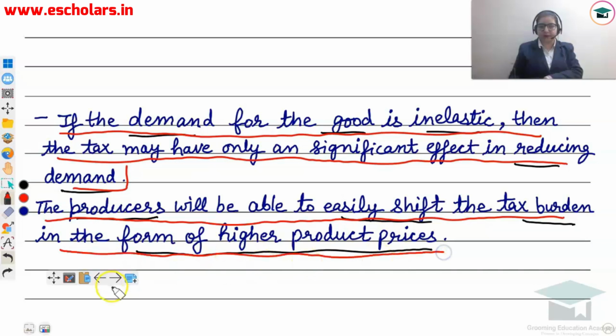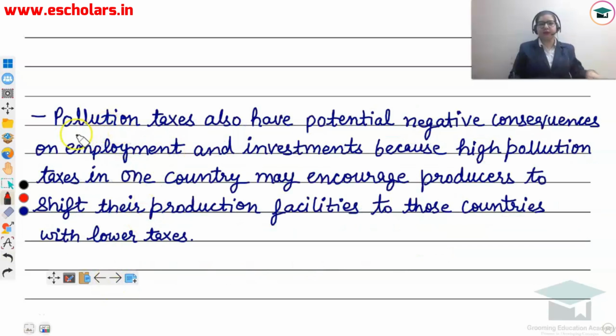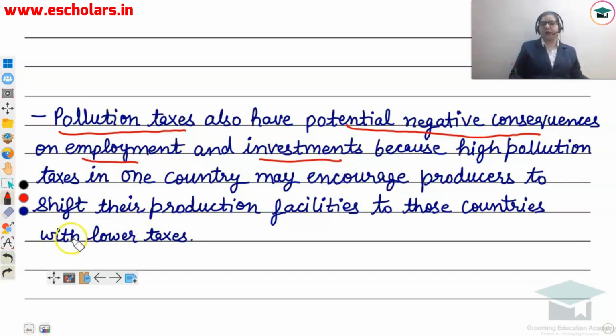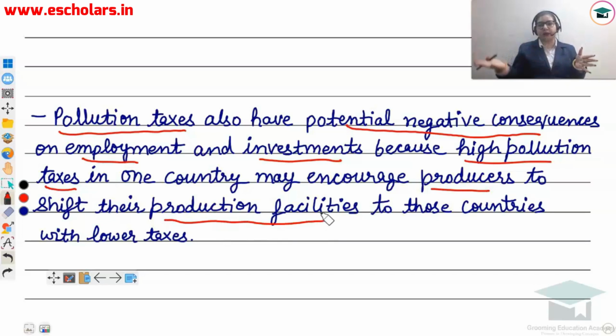Also students, pollution taxes have potential negative consequences on employment and investment. Let's see how. If in a particular country there are very high pollution taxes, then the producer will shift the production facilities from that country to another country where there are lower pollution taxes.